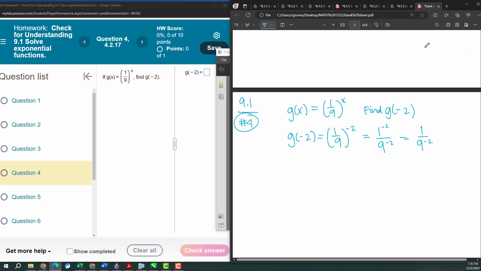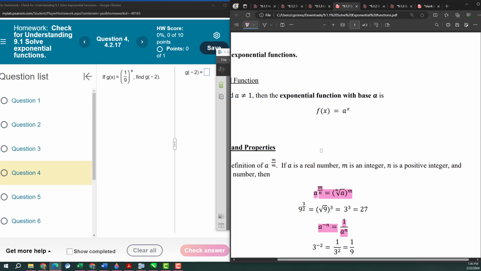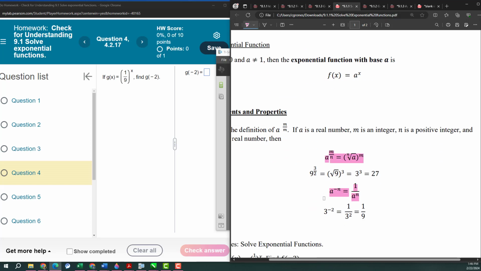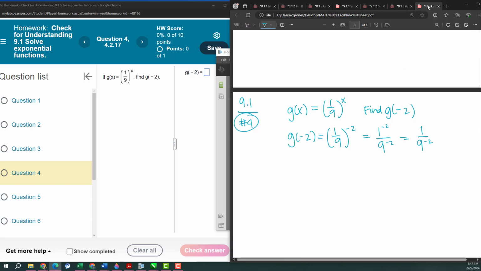If you look at your notes, a to the -n is the same as 1 over a to the positive n. If we have -n in the bottom, we can still switch it, and it becomes 9 squared, which is just 81.